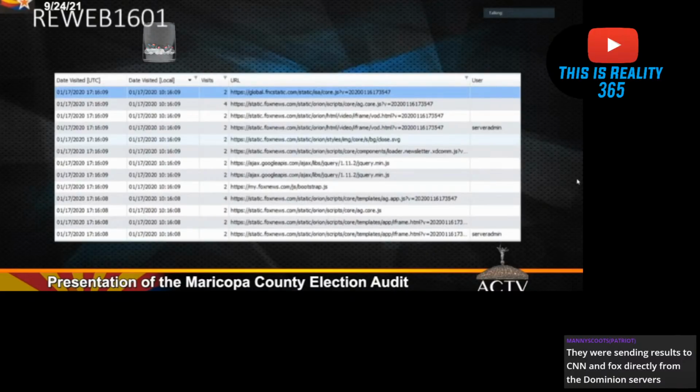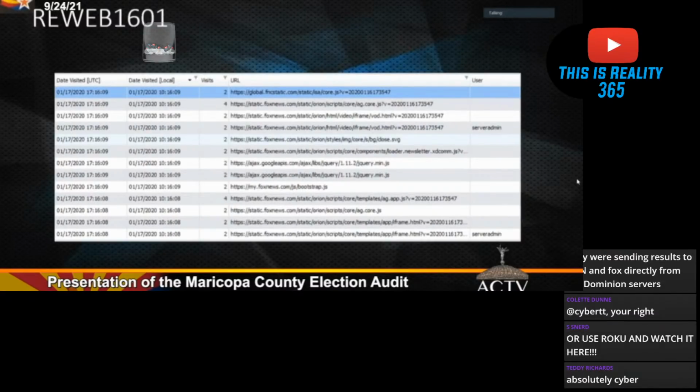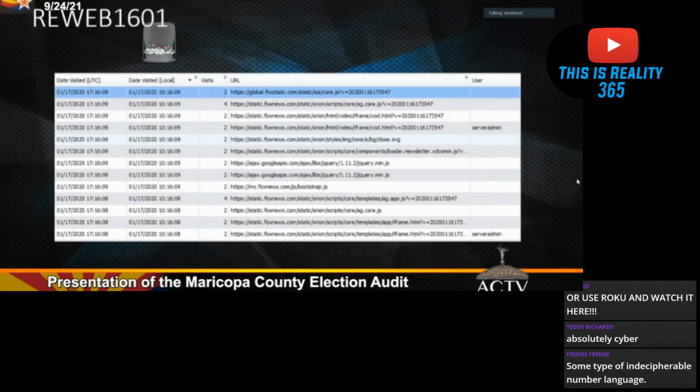There's literally thousands of connections to the internet by this system. Based on the naming convention, I would assume that this is some form of web-based server that was used in the election system, because it was produced under the subpoena, which that was one of the requirements for.